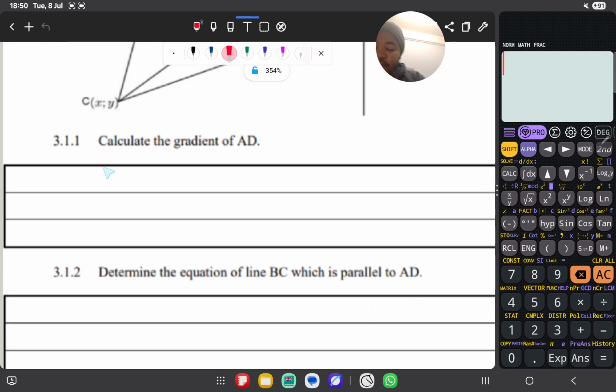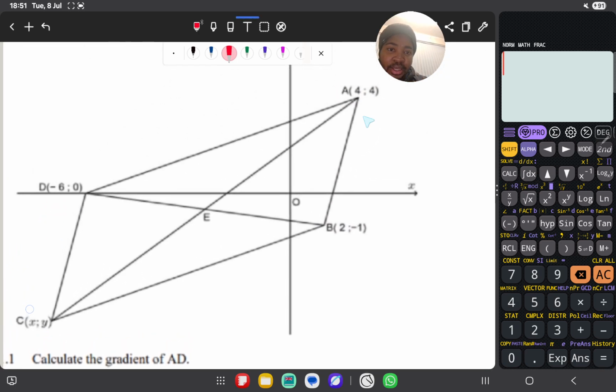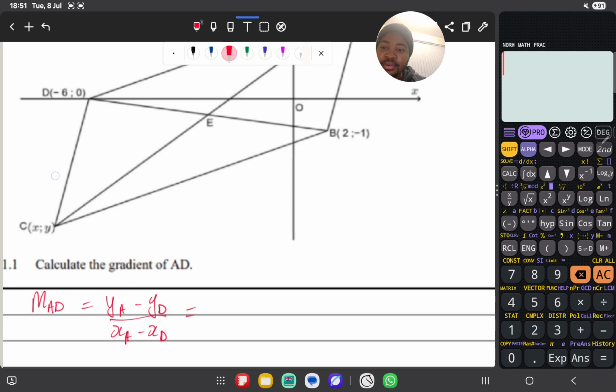You know for sure that the gradient m of AD will be y of A minus y of D divided by x of A minus x of D, right? So y of A is 4.